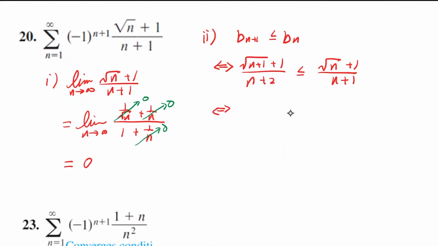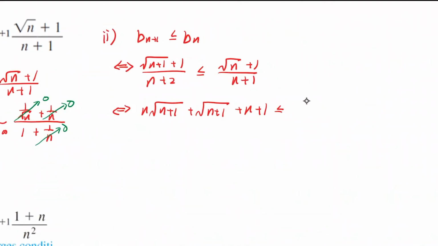So what we have is n root n plus 1 plus root n plus 1 and plus n plus 1, right? On the left hand side. And on the right hand side of n root n and plus 2 root n, and I have plus n and plus 2. Good.